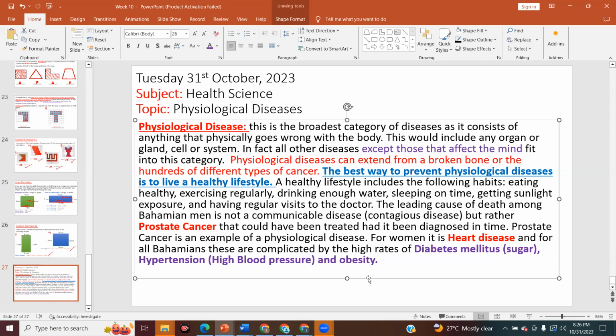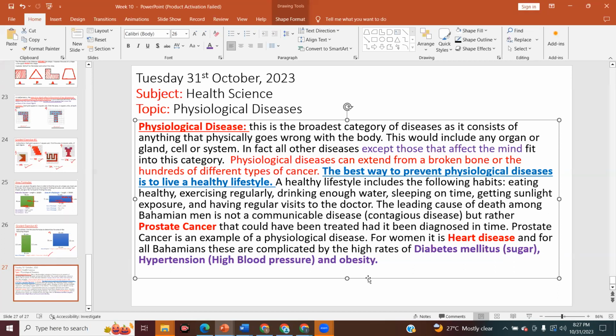When you look at a typical Bahamian plate, you have macaroni, peas and rice, coleslaw, potato salad, the chicken, the whole spread, and there's no salad, no vegetables, none of that stuff. It's just a bunch of fatty, greasy stuff. Mind you, it tastes good, but that doesn't mean it's the best thing for the body. There's a big difference between something that tastes good and something that is good for the body. Just be careful with that.